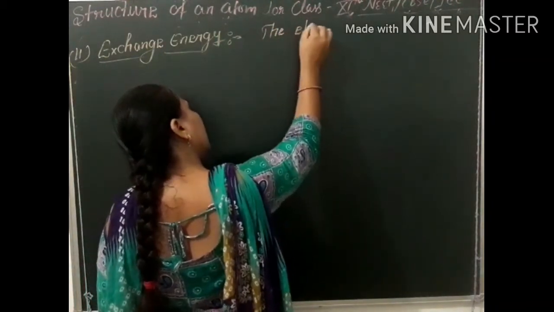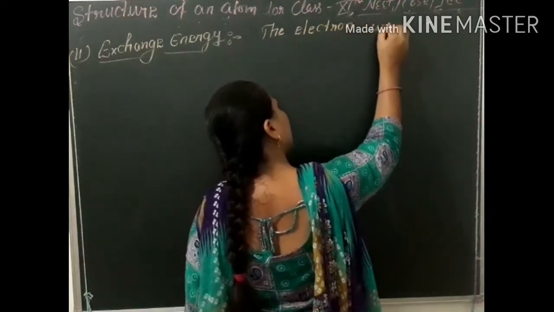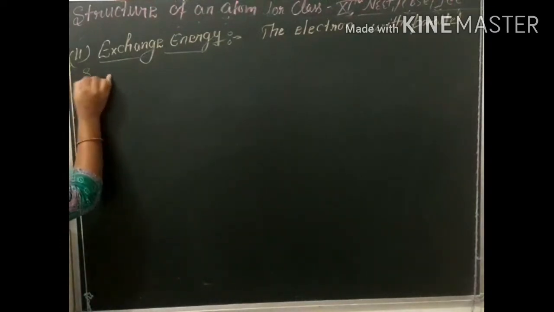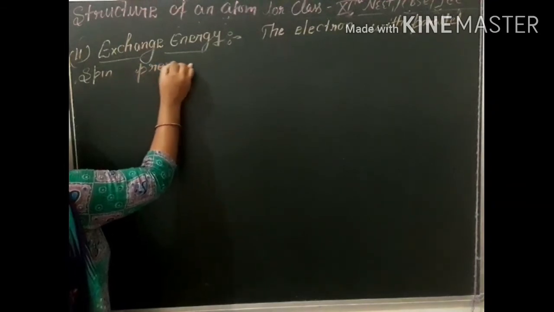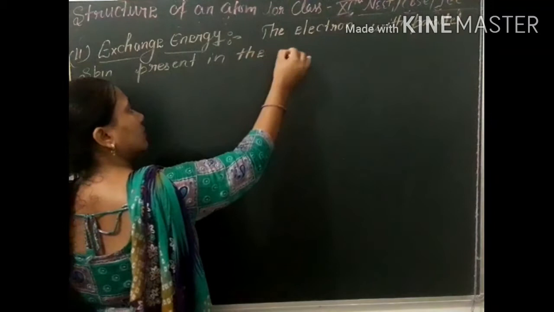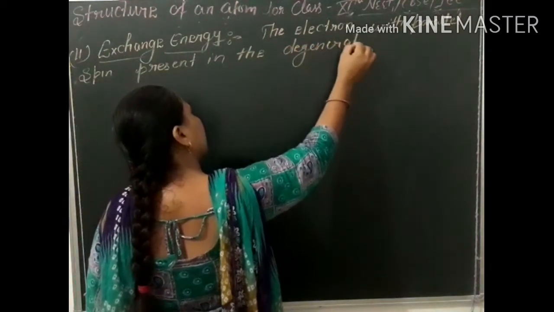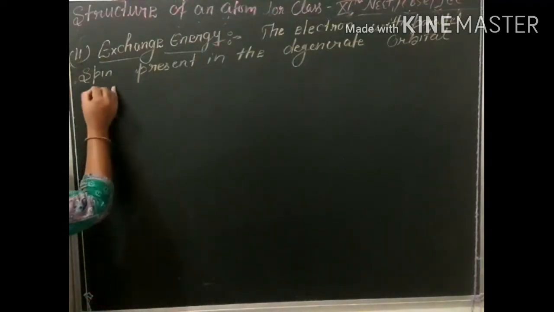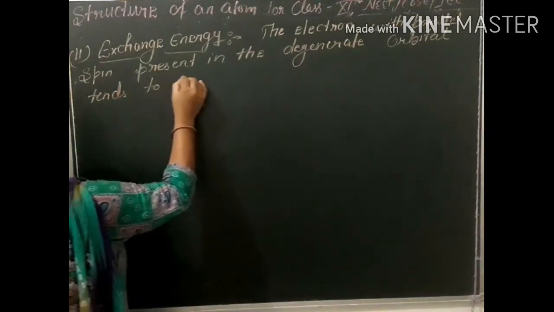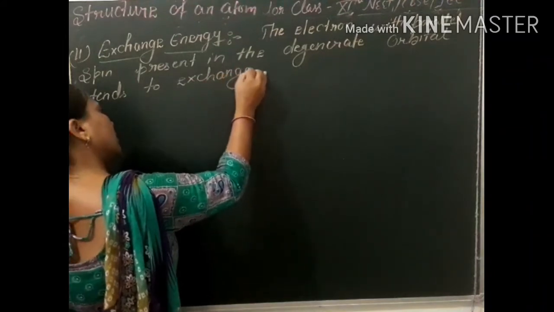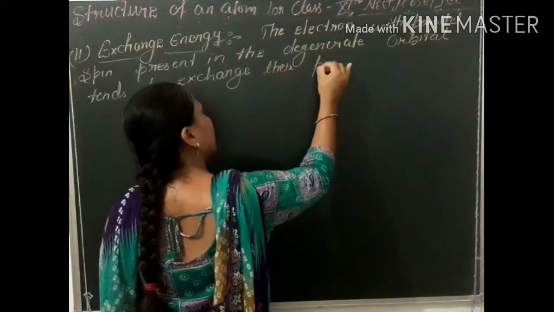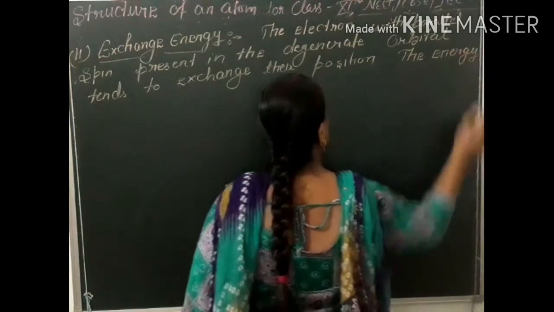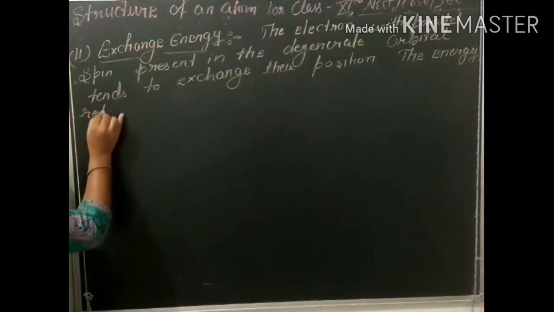The electrons with parallel spin present in the degenerate orbitals tend to exchange their energy positions, and the energy is released.